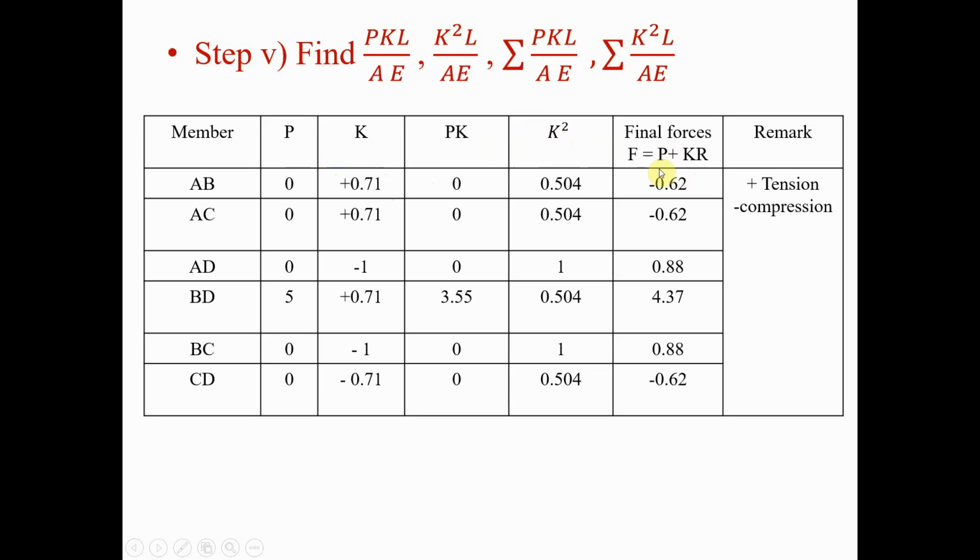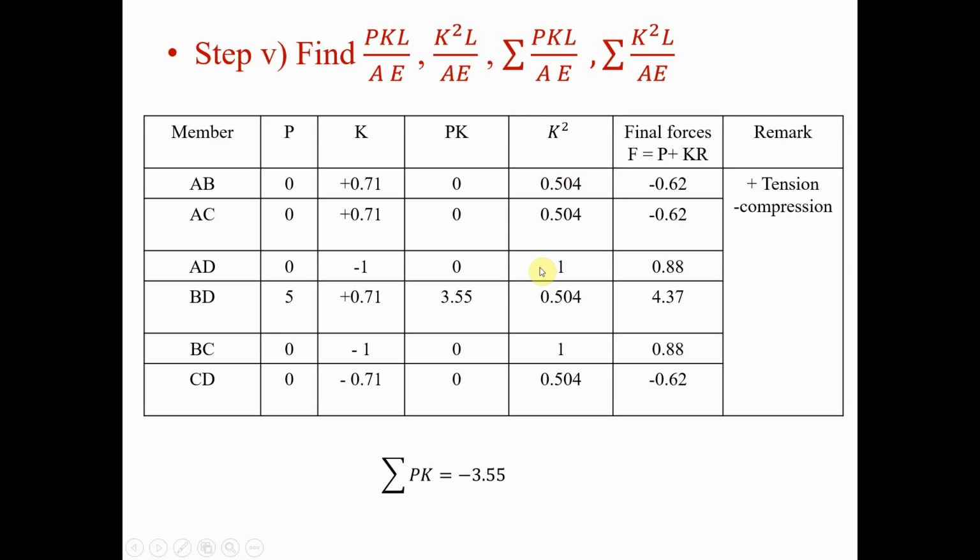Now to find the final forces in the members of the truss, we have the formula F is equal to P plus KR. Already we know P and K, but R remains to be found out. We get R from the summation terms. So let us find the summation PKL upon AE.